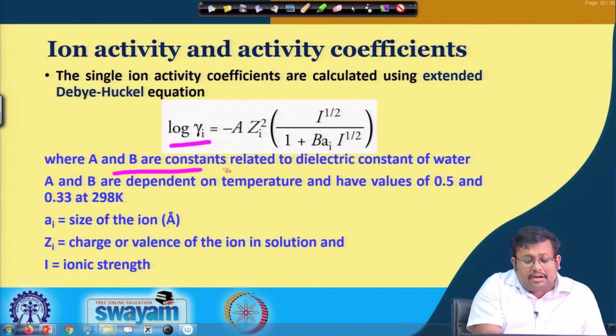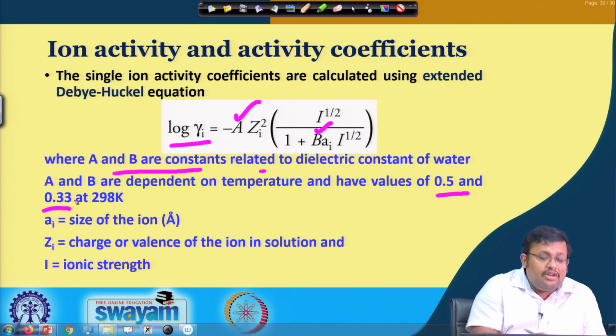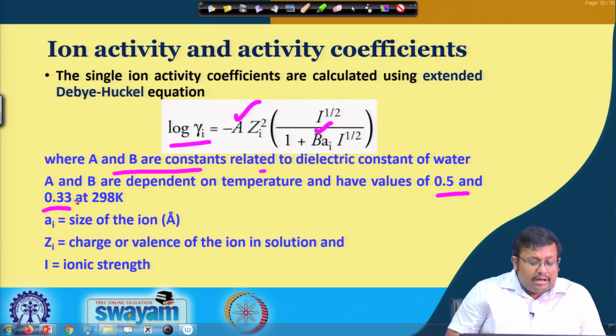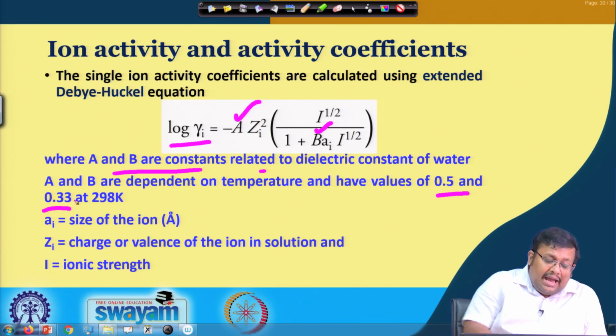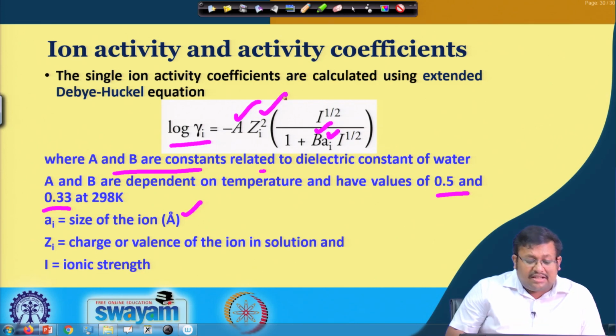A and B are constants related to the dielectric constant of water, and generally we take their values as 0.5 and 0.33 at 298 Kelvin. ai is the size of the ion in angstrom, Zi is the charge or valence of the ion in solution, and I stands for the ionic strength.